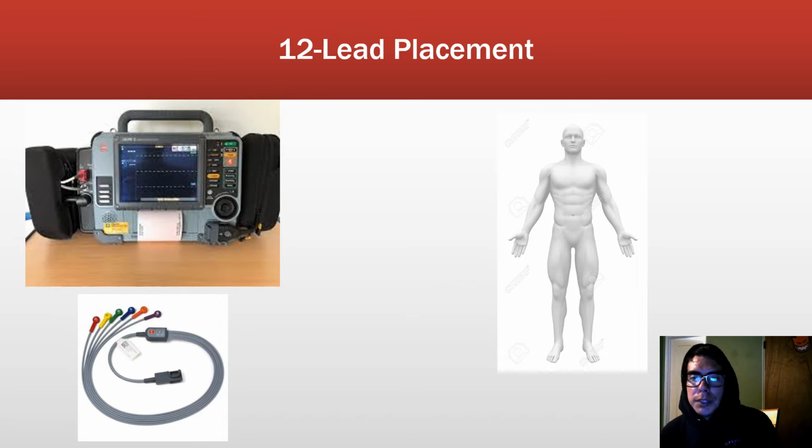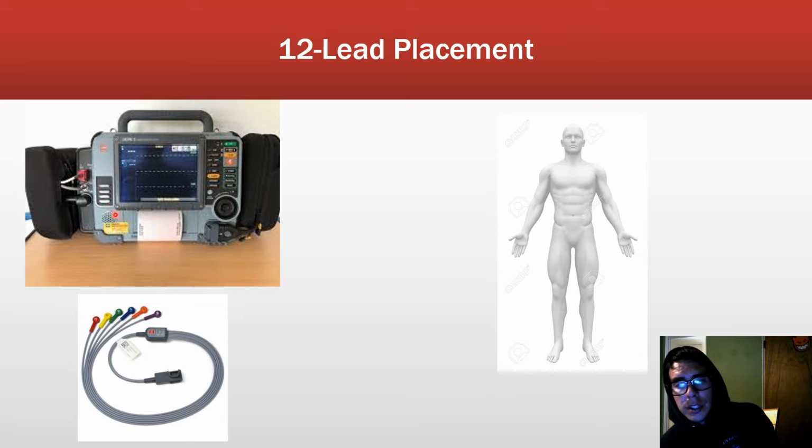Now 12 lead placement. With 12 leads, they're much more specific. You have to have them in an exact place because they're looking at exact areas of the heart, as opposed to a 4 lead, which is looking at the overall heart's electricity and what the overall rhythm is.